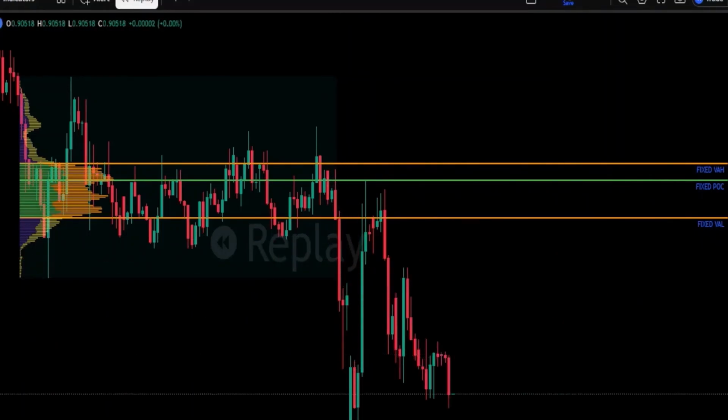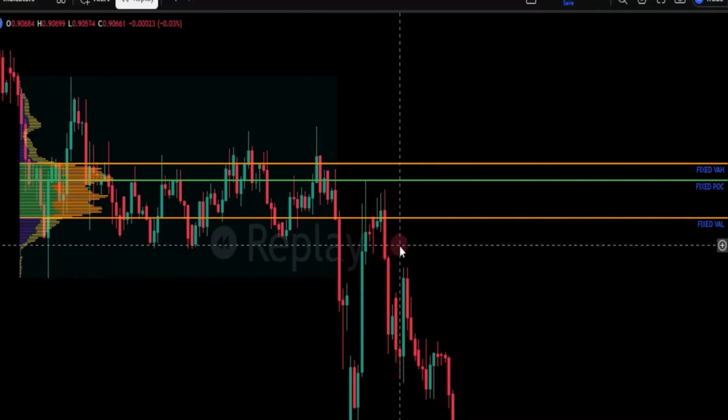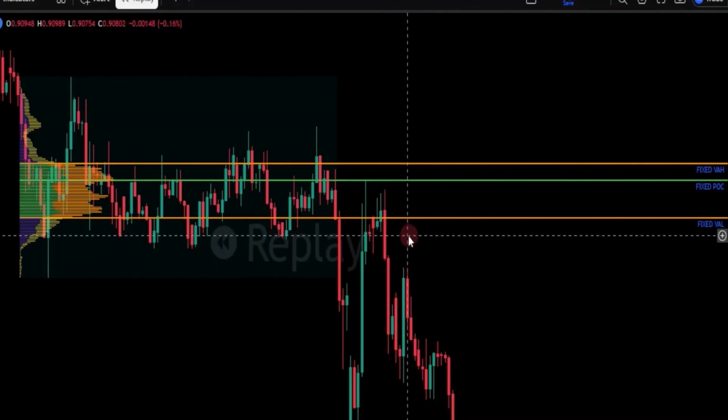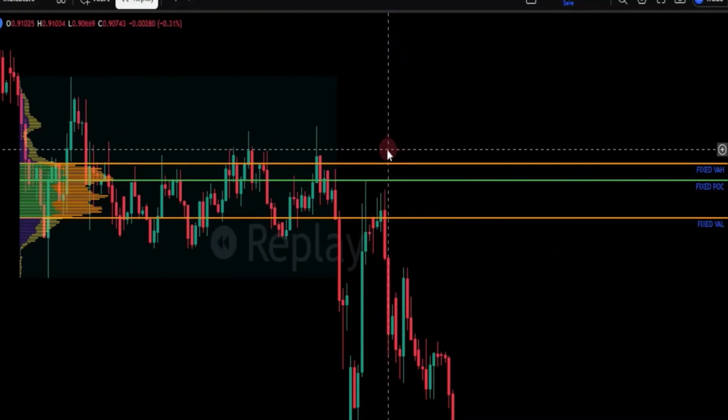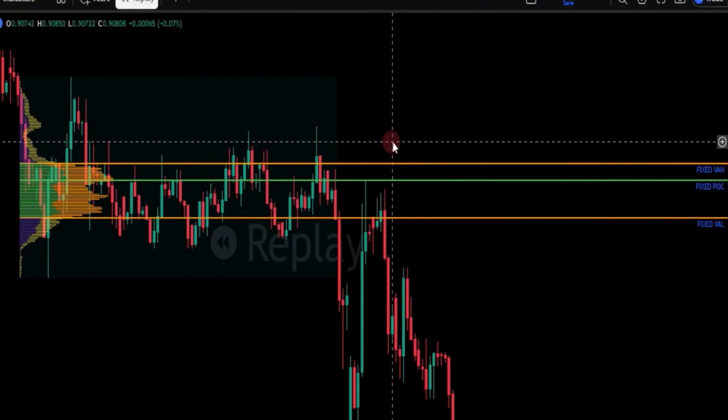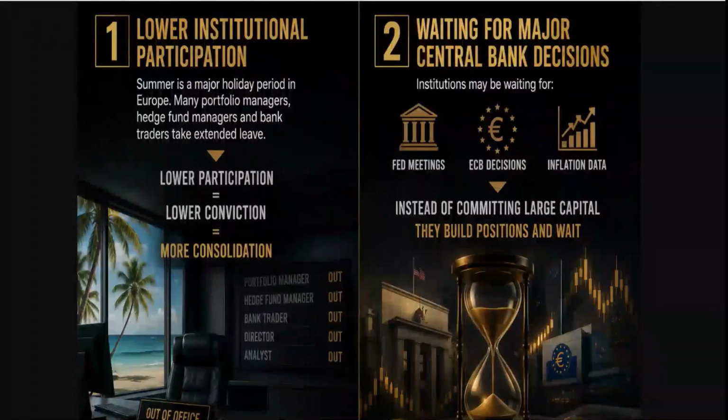These are not random candles. These are not random turning points. This is institutions defending a level they considered important. And the evidence is right there in front of us. Different market, same story.